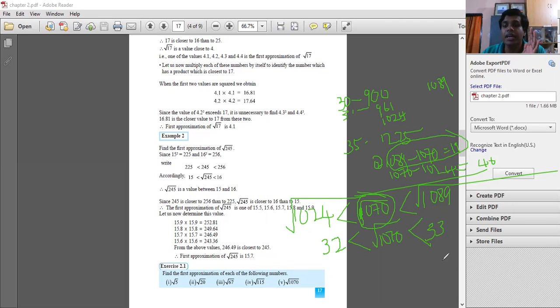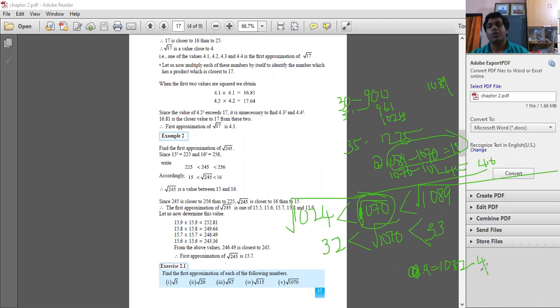Start with 32.9, its square. 32.9 into 32.9 will give you 1082.41.